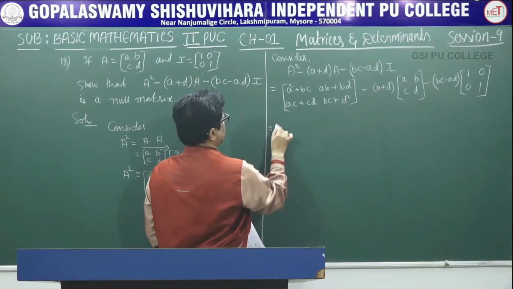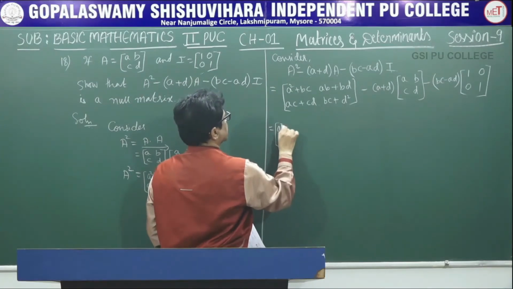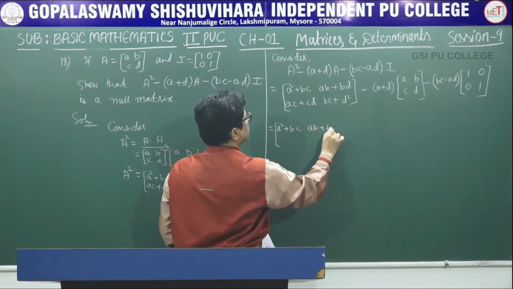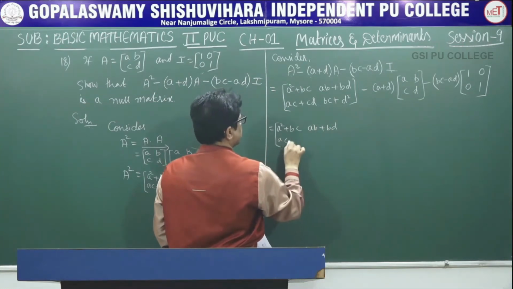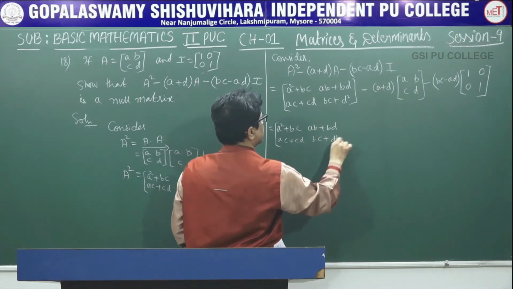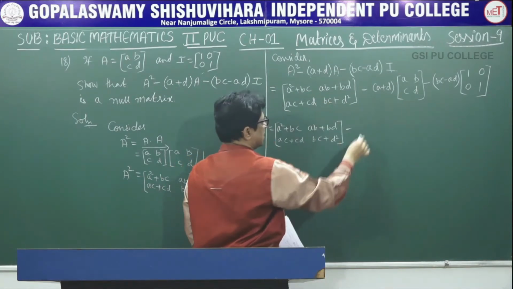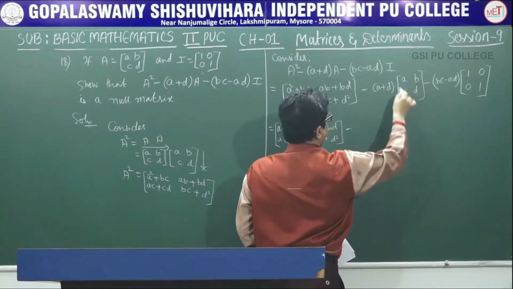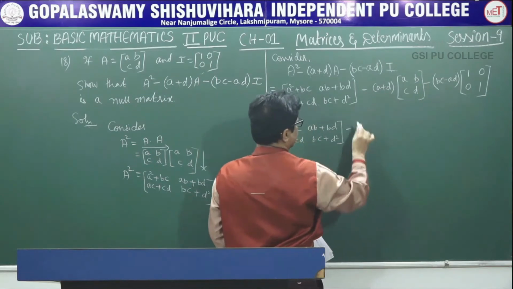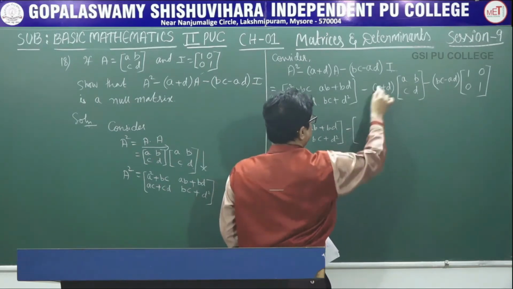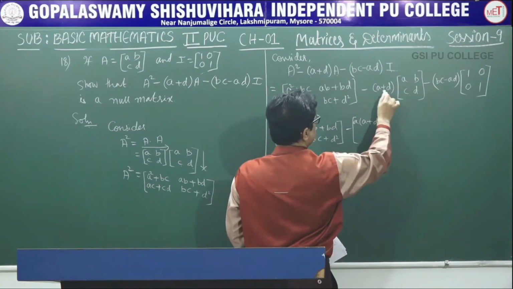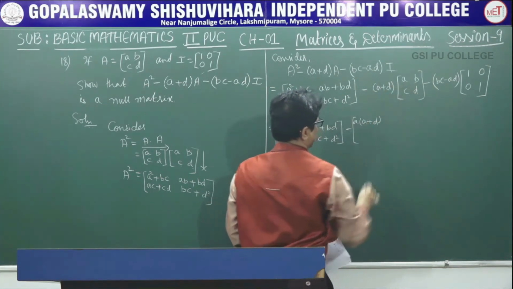So this will be equal to A square plus BC, AB plus BD, AC plus CD, BC plus D square minus, we multiply the whole matrix, that is the elements of this whole matrix, by A plus D. So what we have, A into A plus D. It is a scalar multiplication of a matrix.